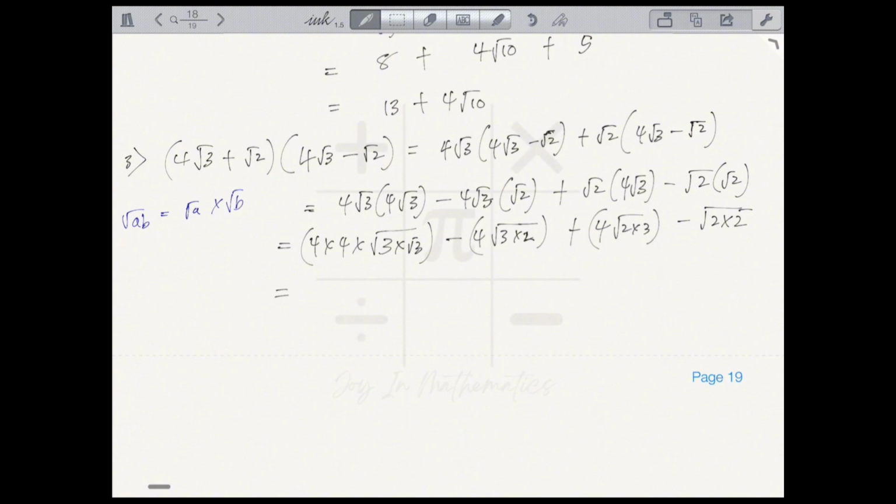Now 4 times 4 is 16. Root 3 times 3: 3 times 3 is 9, and the root of 9 is 3. So this will be 16 multiplied by 3.